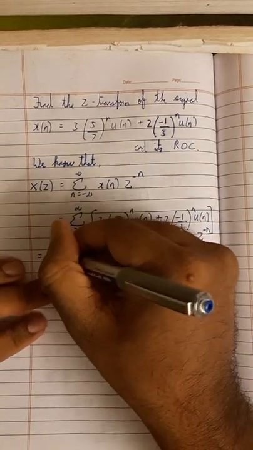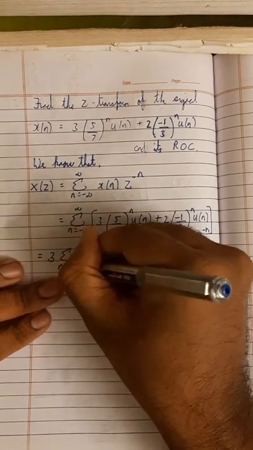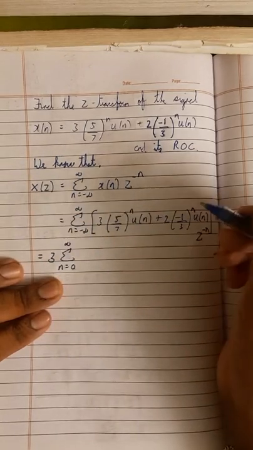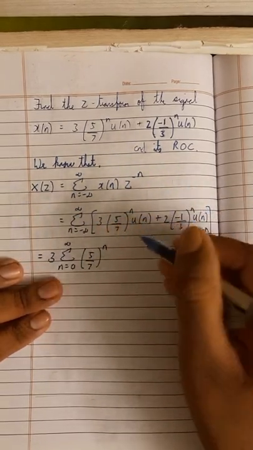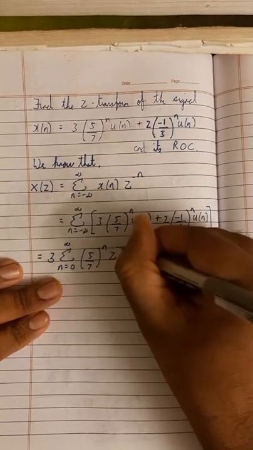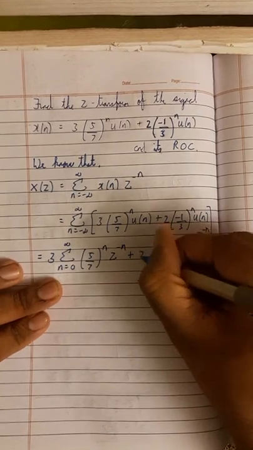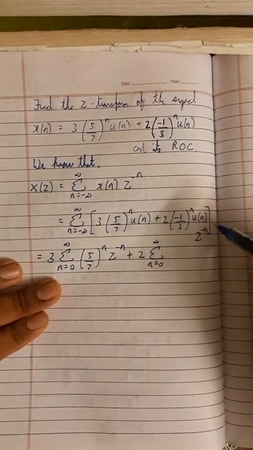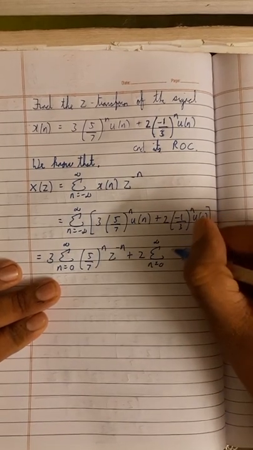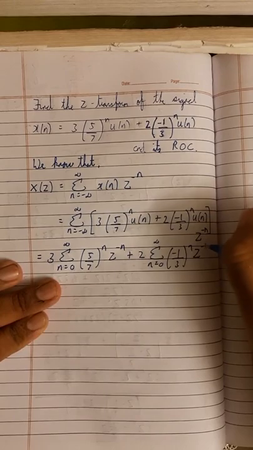So this will become 3 into sigma n equals 0 to infinity, (5 by 7) raised to n, u of n is 1, z raised to minus n, plus likewise here also you can take 2 common out, sigma n equals 0 to infinity, u of n is 1, so it will become (minus 1 by 3) raised to n, z raised to minus n.